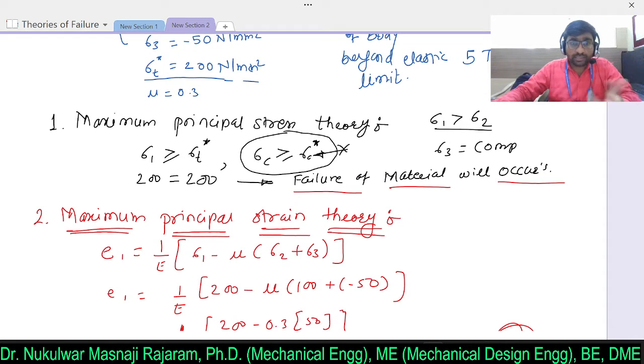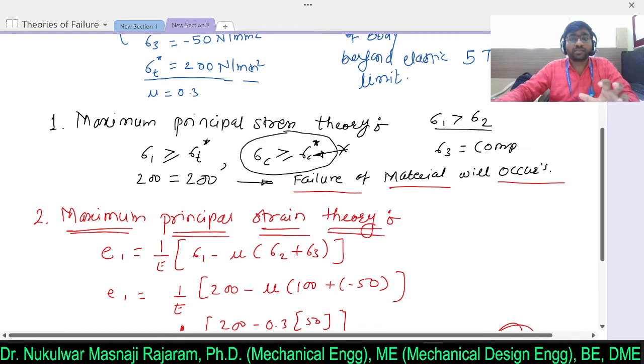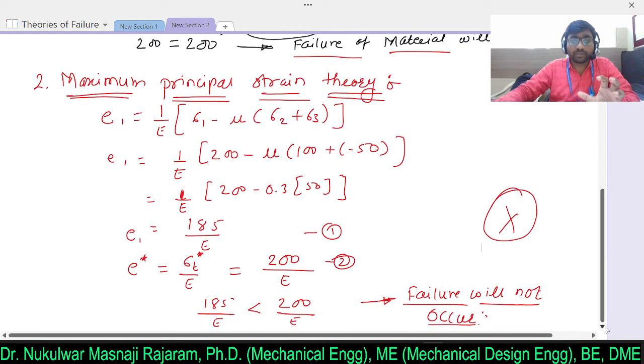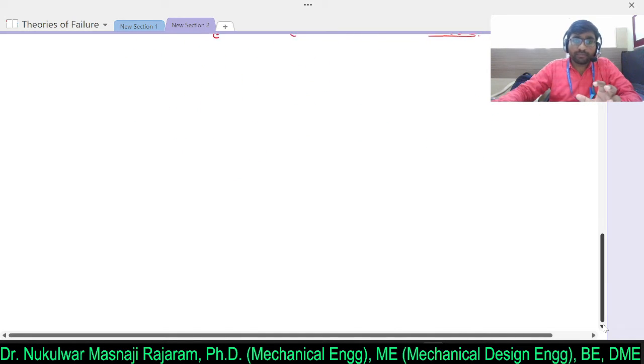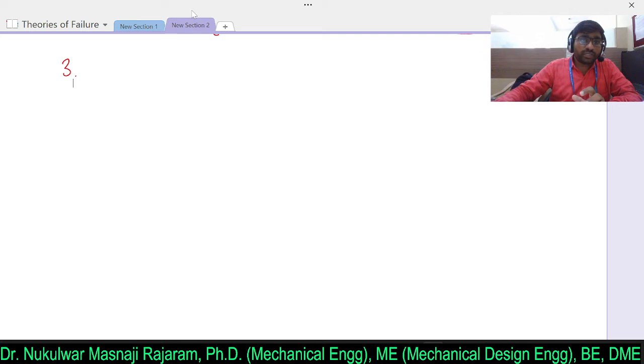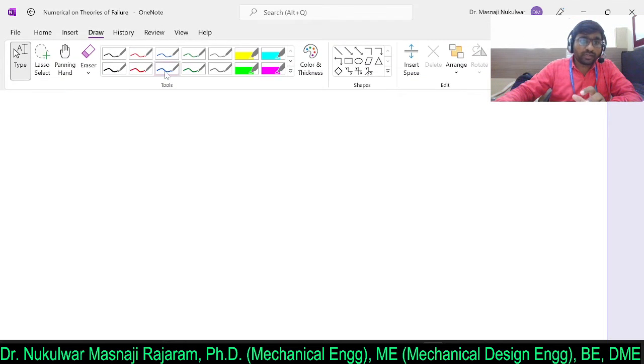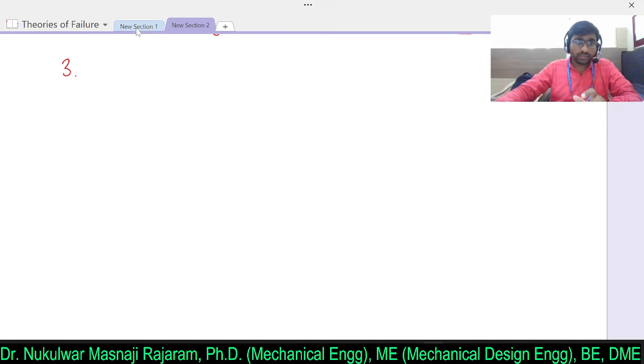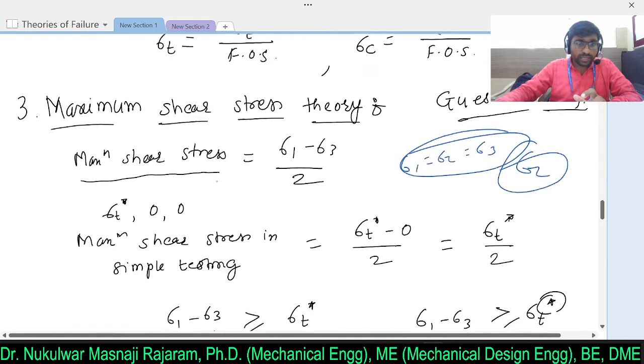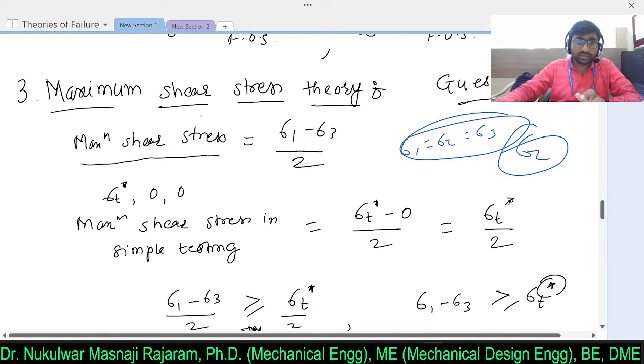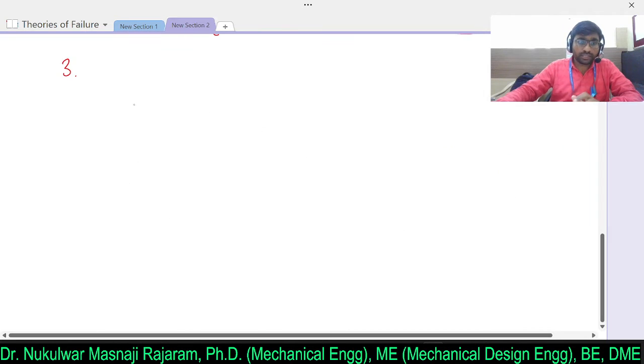In next year there is machine design. In that case you must consider a proper theory for the material. Clear? So I hope you understand from this equation which theory we must use for different applications. Clear? So let's see the next theory, that is the maximum shear stress theory.